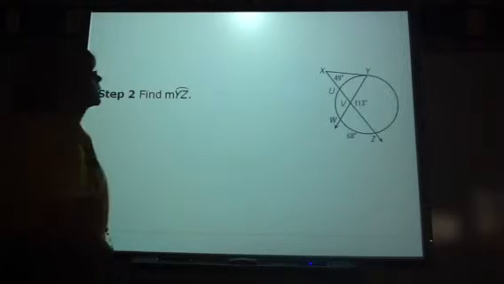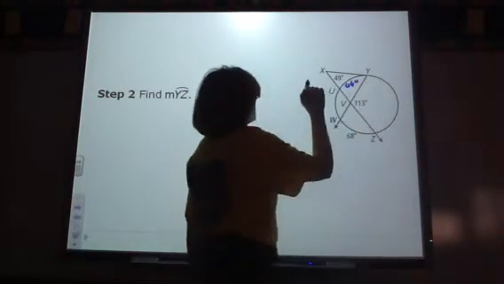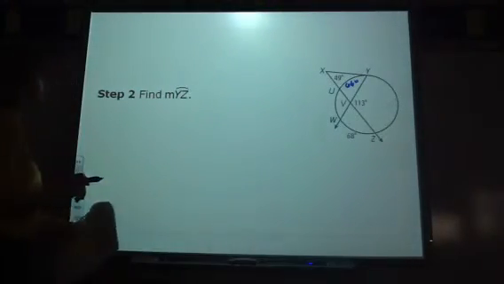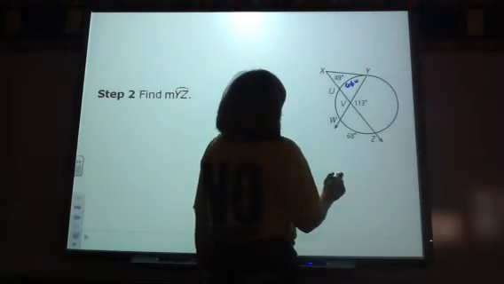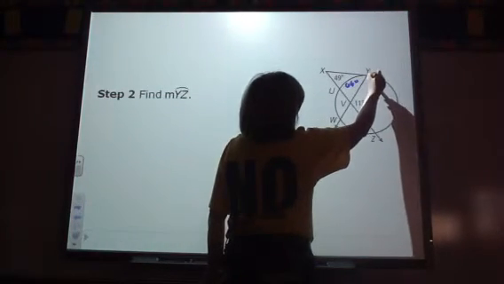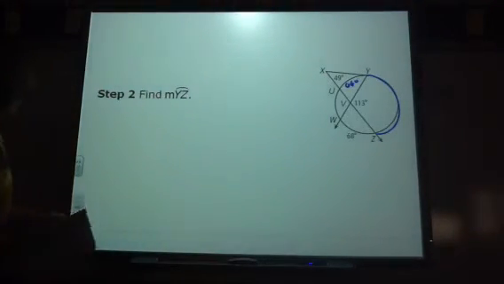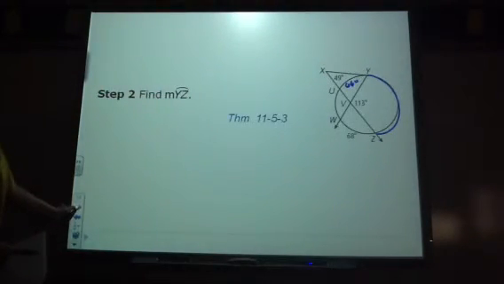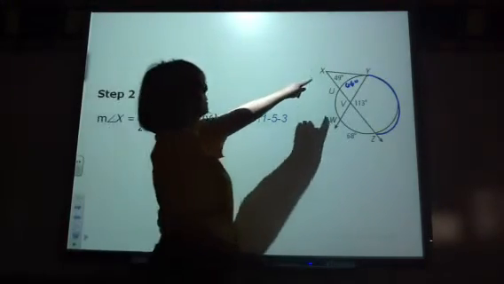Step 2, so this right here is 66. Step 2 is we need to find YZ, which is what it's asking for here. So you can use the exterior angle.